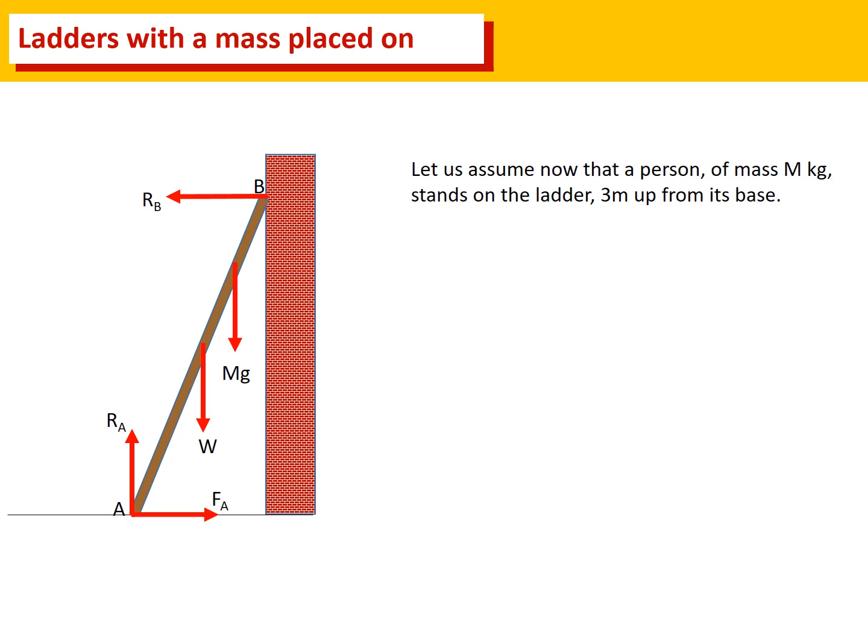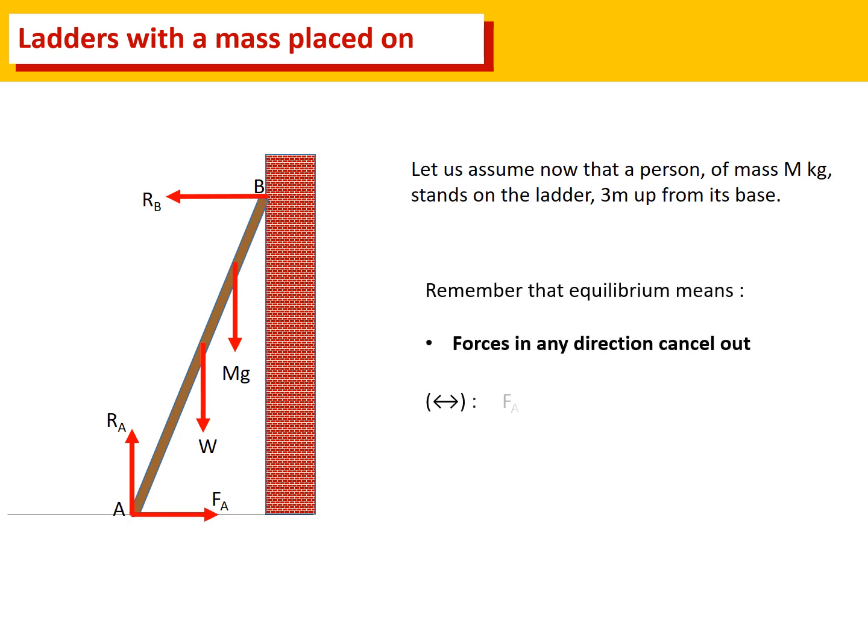Now, let us assume a person of mass m kilograms stands on the ladder 3 meters up from the base, so that's where that person's weight is marked on. And remember, in equilibrium, forces in any direction cancel out, so horizontally we have that, and vertically we have that.